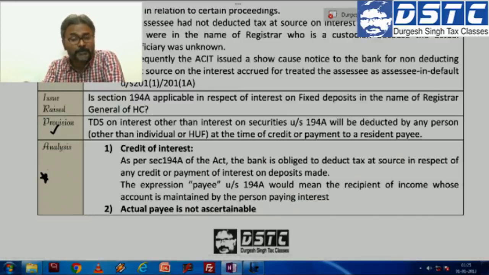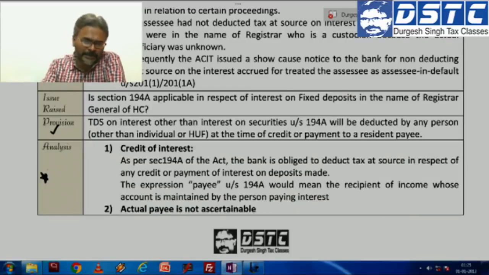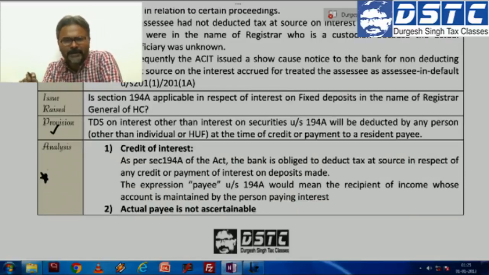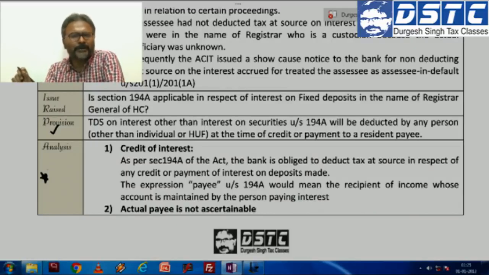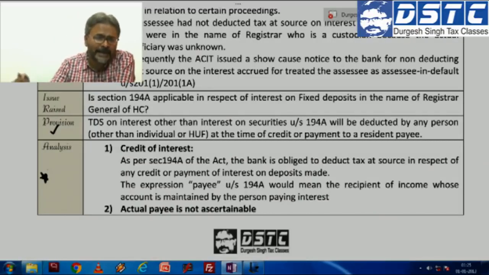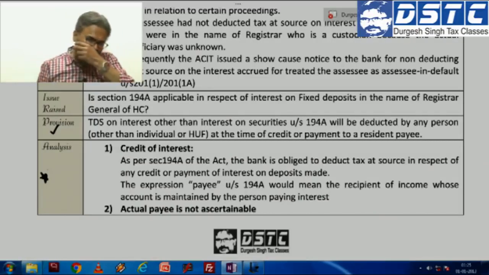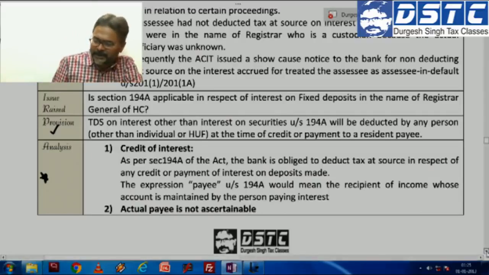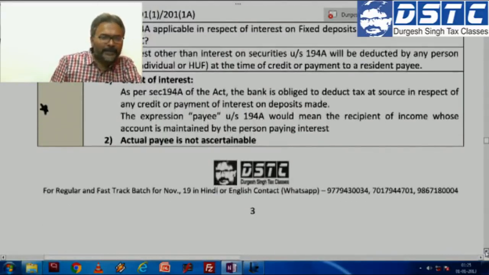The expression payee under section 194A would mean the recipient of income whose account is maintained by the person paying the interest. That is the person who would be considered to be the payee.